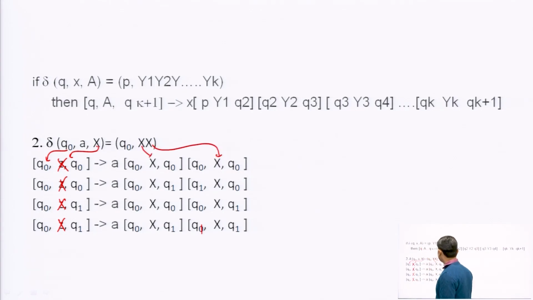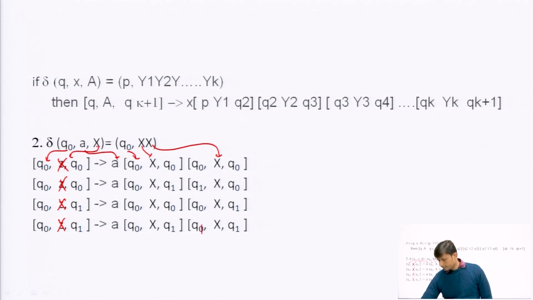So this is all the production, q0 x0 a q0 x0 q0 x q0, the same thing, we just have to put x here, and a is here and q0 is here, the same as whatever you have written in the previous one.